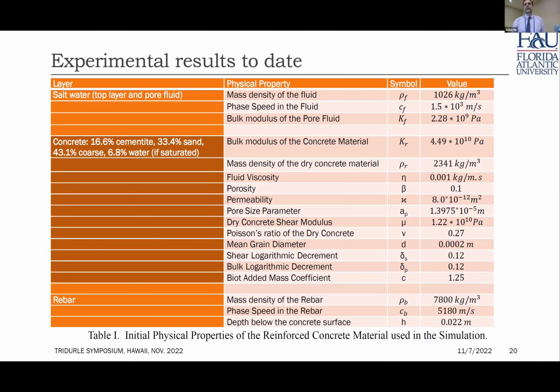Now, in the process of running the model, I'm not going to give you all the detail of the model because we could talk about it all day. It's a fairly sophisticated model, but you can see the number of parameters we can control. And these are physical parameters: bulk moduli, shear moduli in the water, in the concrete, in the rebar.